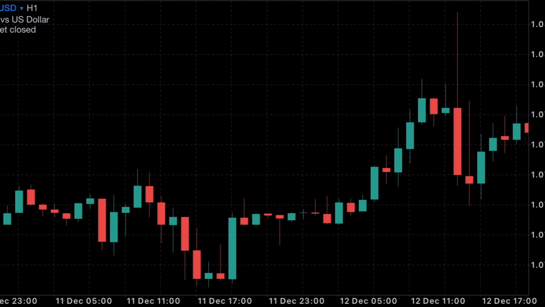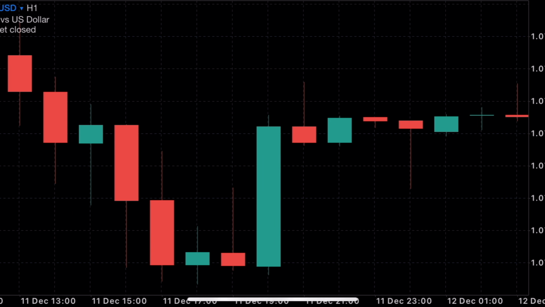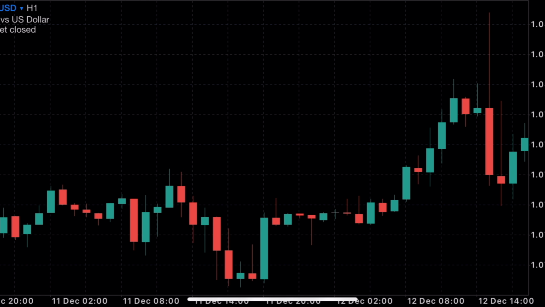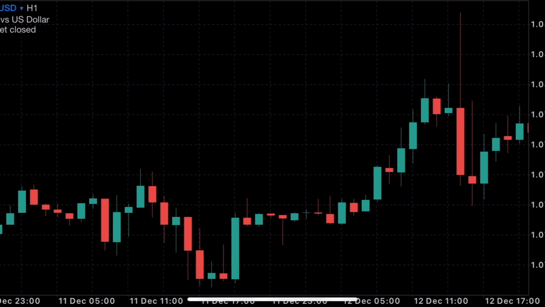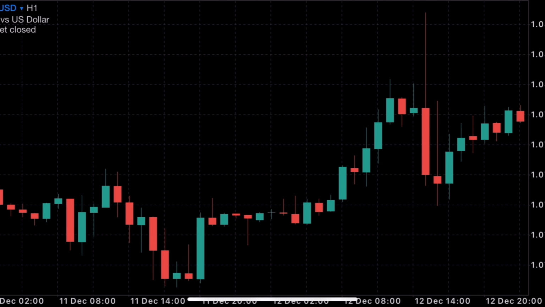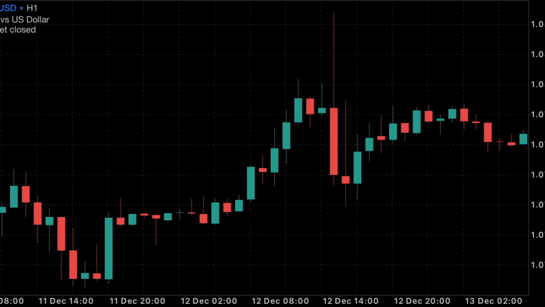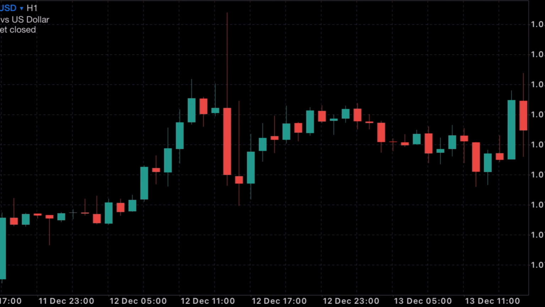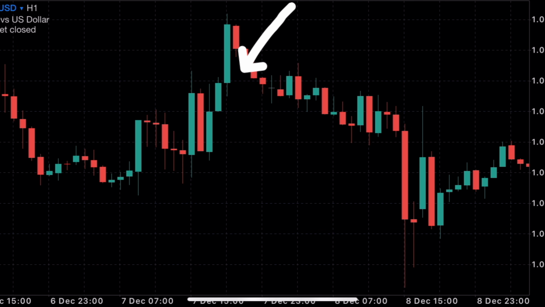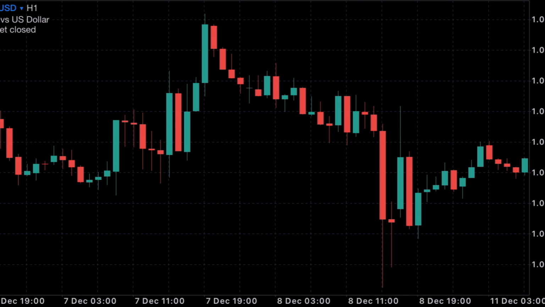This also is another example of a bullish engulfing candle right here. You can see that this green candle completely engulfs the red, bearish candle before it, and then the market begins to trend upward until we have this strong pushback here. This is also slightly an example of what we call the tweezer tops.